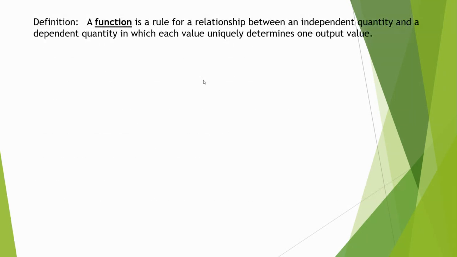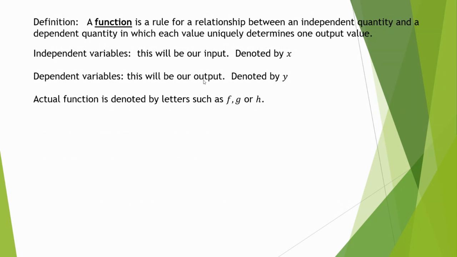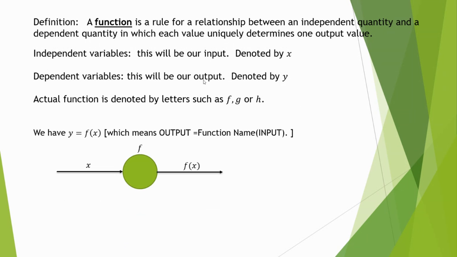I rewrote the definition again here, but let me just quickly go through this and I'll start from here next time. You'll see that we are actually going to deal with notation. We'll get more into this next time, so if this looks confusing, don't panic. Basically, functions are denoted by letters like f.